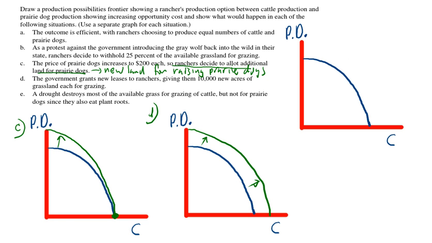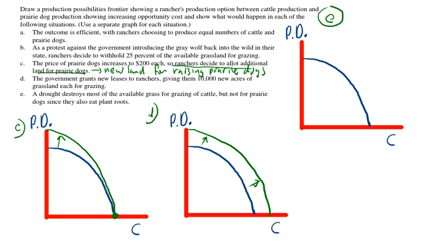All right, a drought, which means a long period of time with no rain. There's a drought, so it's destroyed most of the available grass for grazing of cattle. All right, cattle need to eat grass, but it's telling us prairie dogs have other things they can eat. They can also eat plant roots, which is going to destroy your plants, but it's indicating to us that the prairie dog population isn't really going to be affected by the drought and the lack of grass.